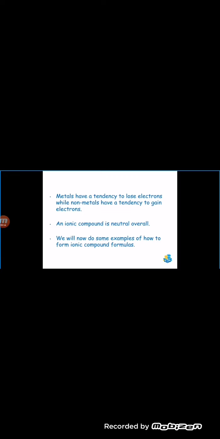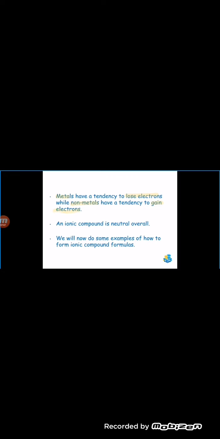Now, ionic compounds are usually formed between group 16 and group 17, which may be referred to by some of you as group 6 or group 7, and these are non-metals, and these combine with group 1 and group 2, which are metals. Now, metals have a tendency to lose electrons, while non-metals have a tendency to gain electrons.